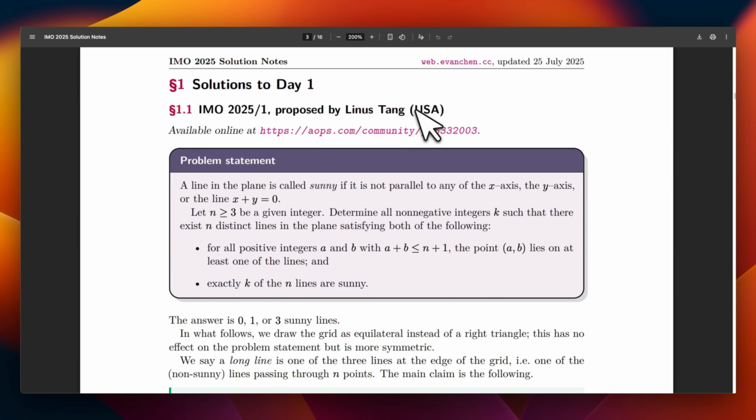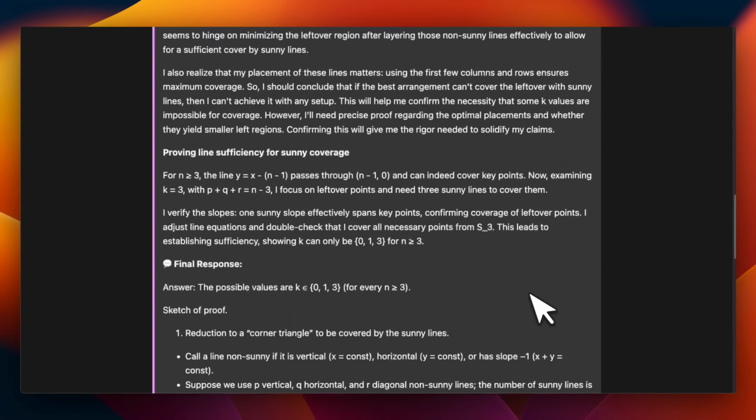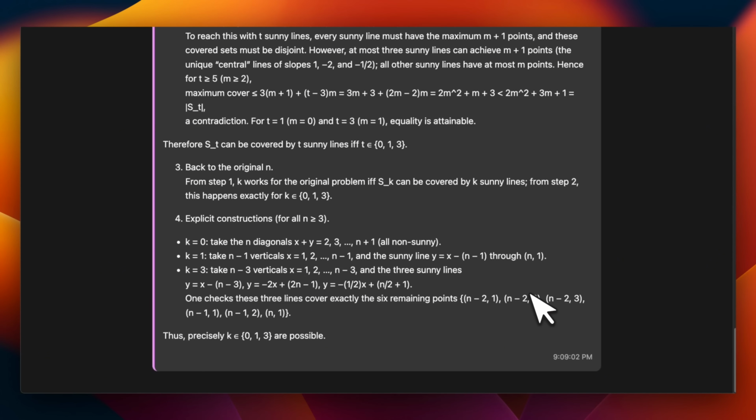OpenAI was saying that they have an experimental model that's able to solve 5 out of 6. Now, this is not supposed to be that model, but I picked one of the problems from the same problem set, and I gave it to GPT. It took, I think, about 10 minutes, and it came up with the right final solution.